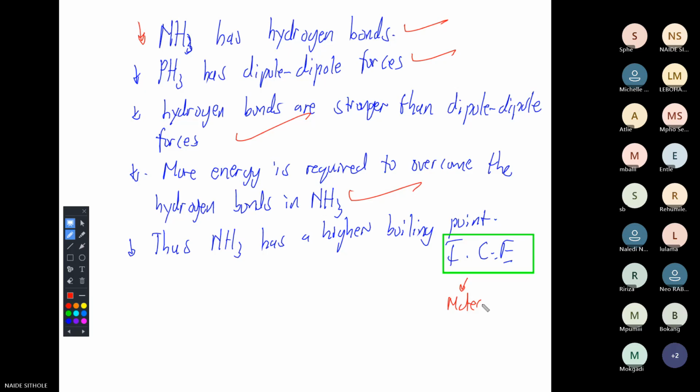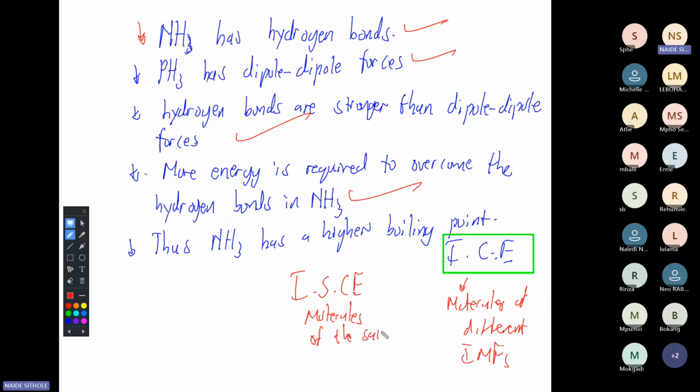Molecules of different intermolecular forces. ISCE applies if we are dealing with what? Molecules of the same intermolecular forces. Even in grade 12, the topic will be called physical properties. So if we grasp this from now, then grade 12 is smooth sailing.